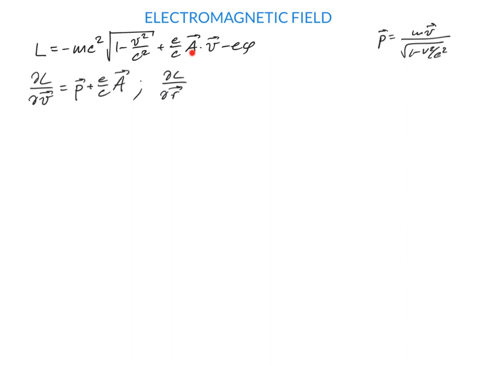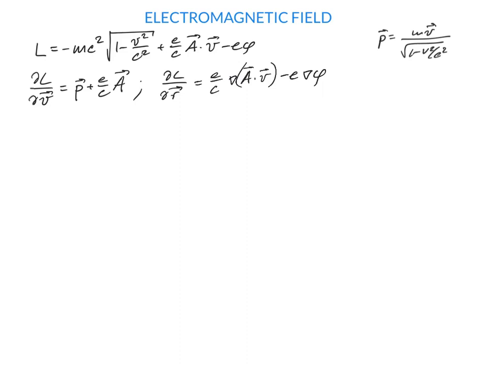Well, A and phi depend on the coordinates. So A and phi are the field potentials that depend on space and time. So dL by dr is the gradient of A dot v minus e del phi.